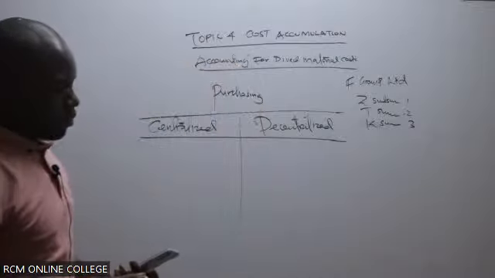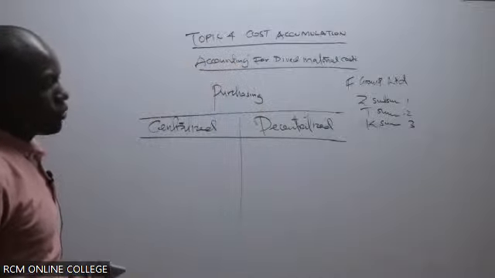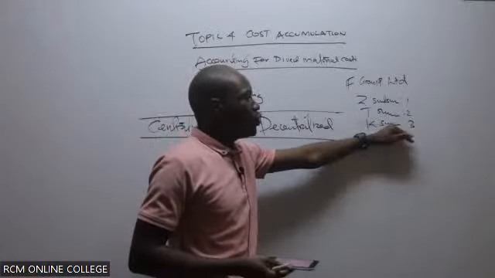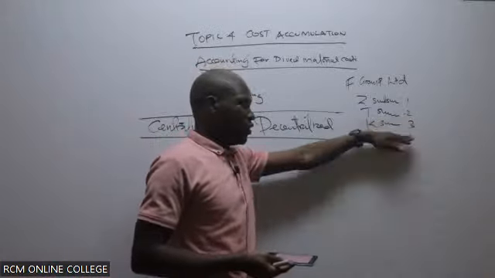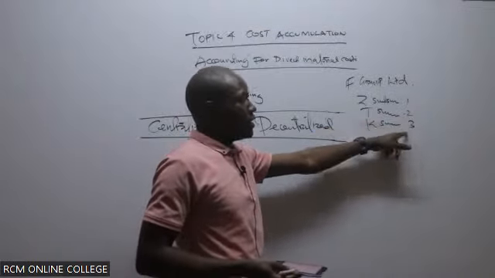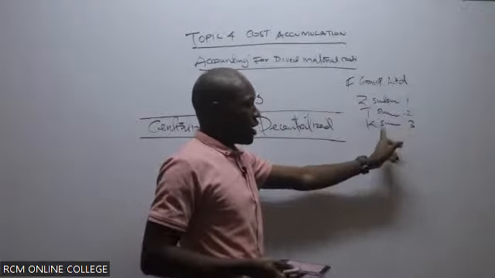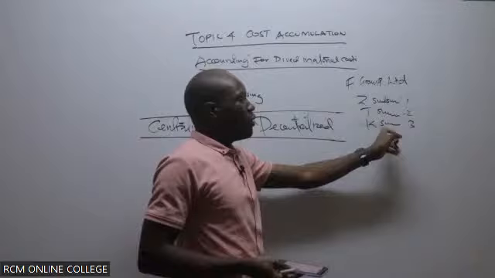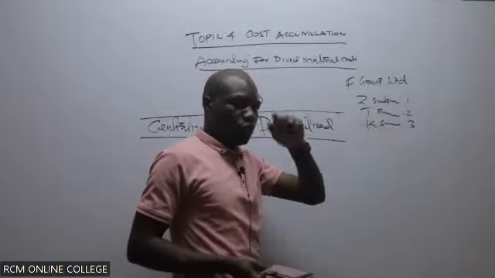Now I want to do production. Subsidiary 3 wants to do production and they need raw materials. For them to get raw materials, subsidiary 3 or K Limited wants to purchase raw materials to do production.